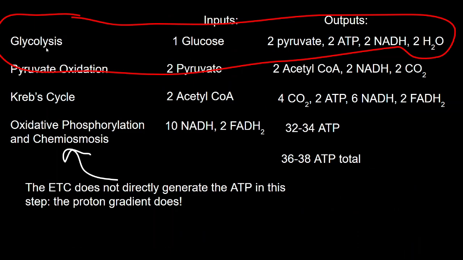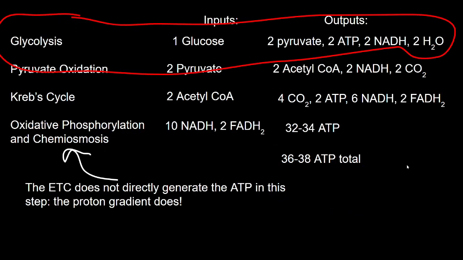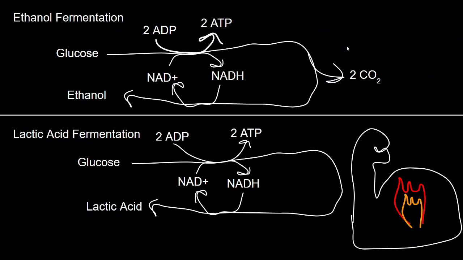So, as you might imagine, the fermentation, which is just basically glycolysis and a wrap-up, is going to be a lot less productive than cellular respiration with oxygen involved, because we only see 2 ATP. So it's going to be way, way less efficient.